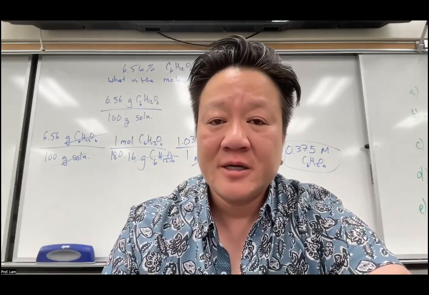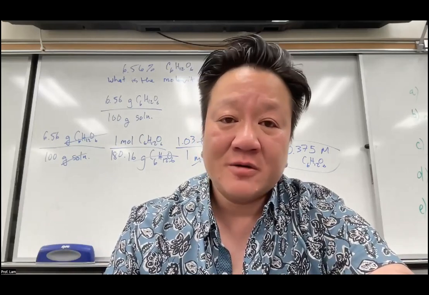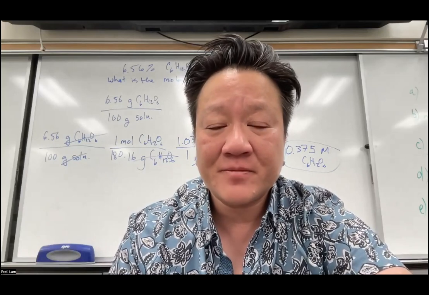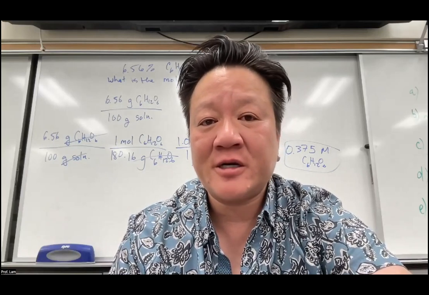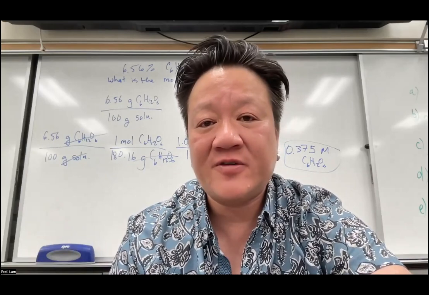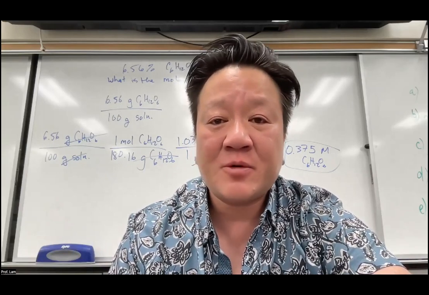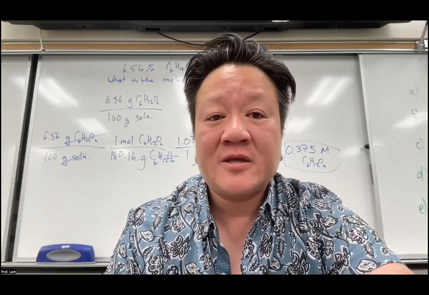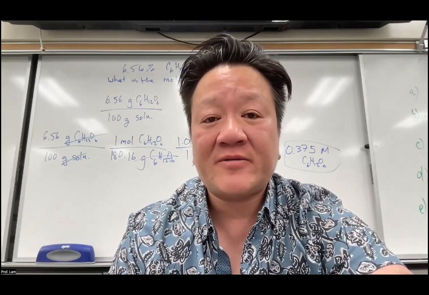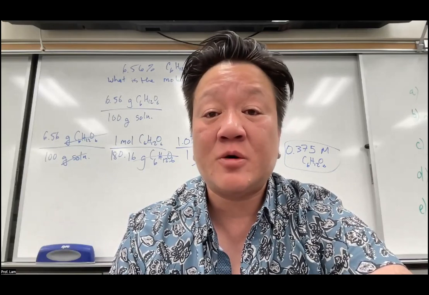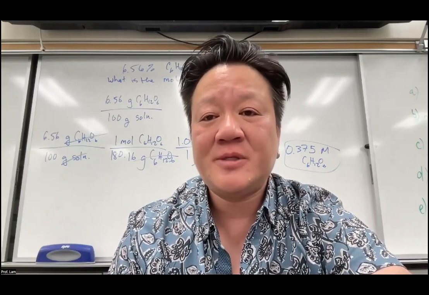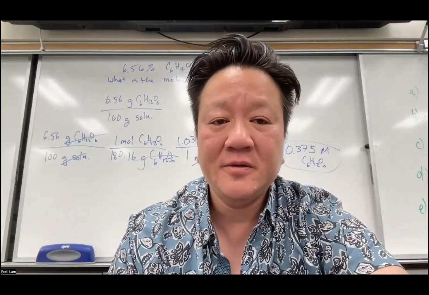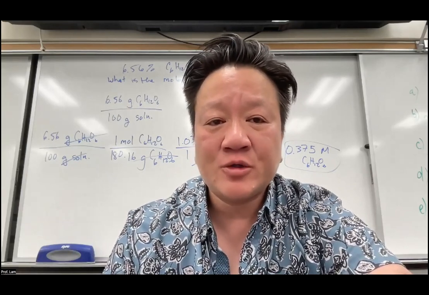Okay, so let's, for example, calculate the vapor pressure here at 25 degrees Celsius of a solution containing 99.5 grams sucrose and 300 mL water. The vapor pressure of pure water at 25 degrees Celsius is 23.8 torr. Assume the density of the water is 1.00 grams per mL. All right, so remember Raoult's law, very simple.